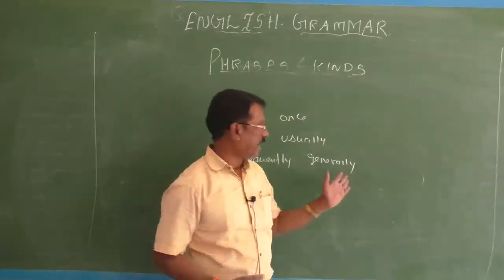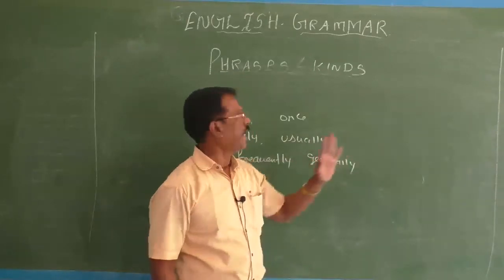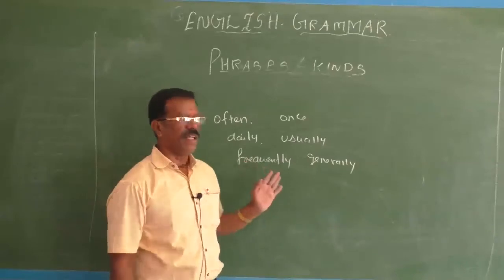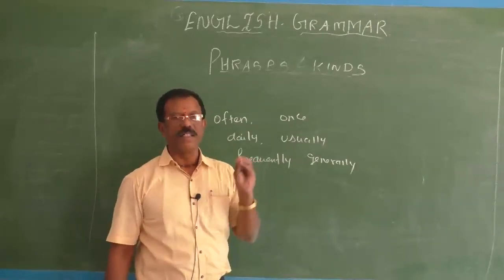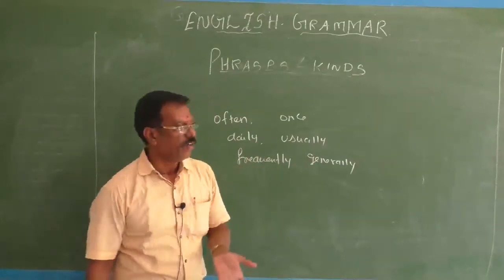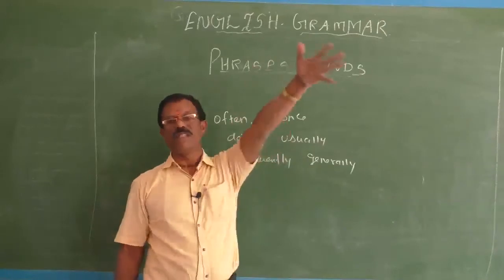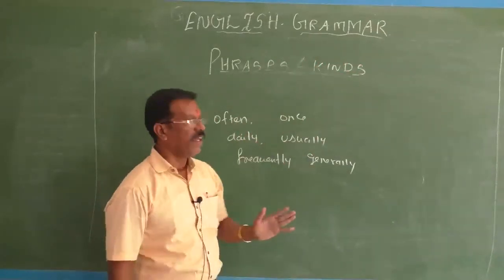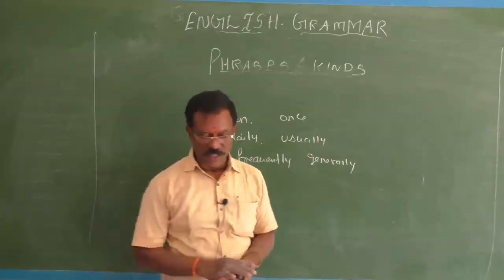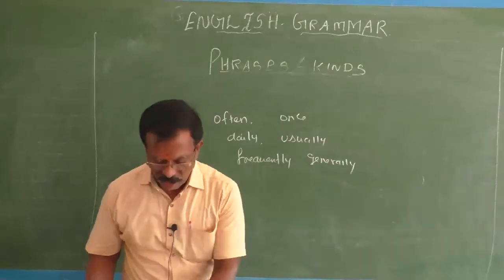These mean in a general or usual manner, once in a time. When you do some work regularly, in a regular manner, you can say frequently. He frequently visits the library. So in this way, we have many adverbs. These adverbs are used in our day-to-day life to describe the nature of verbs.